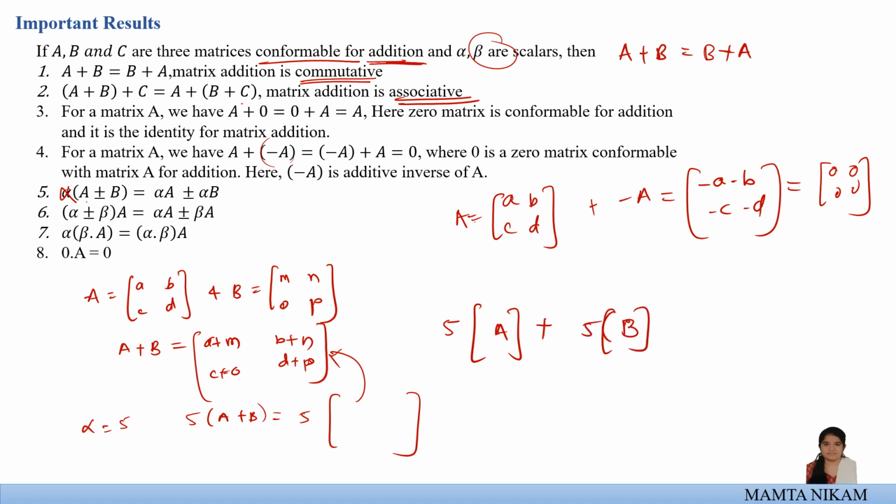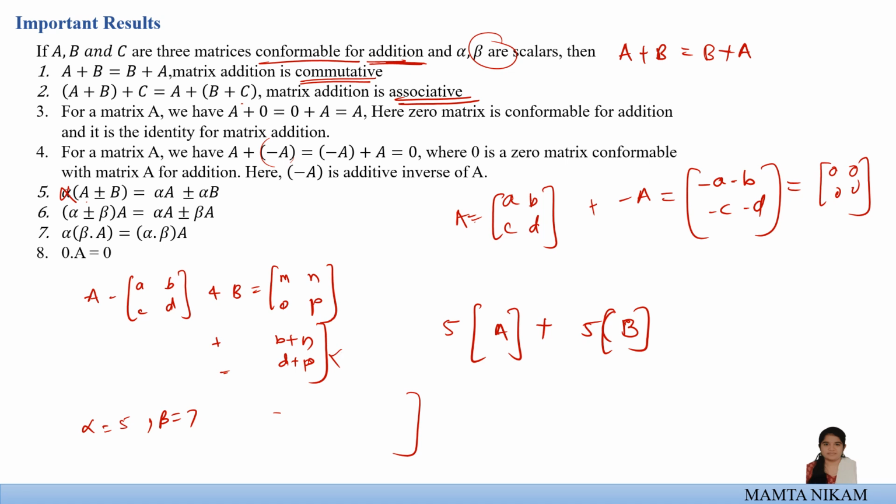Okay, next says that (alpha plus or minus beta) into A is equal to alpha A plus or minus beta A. Suppose we have two scalars, say alpha is equal to 5 and beta is equal to 7.